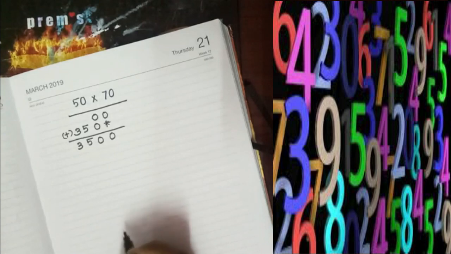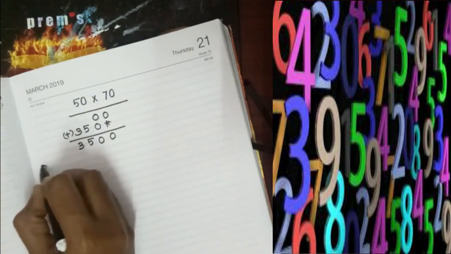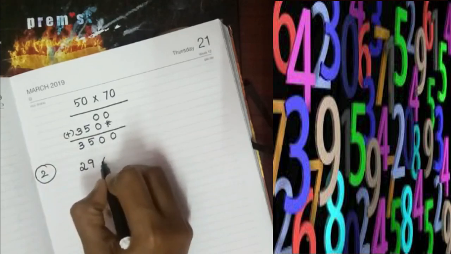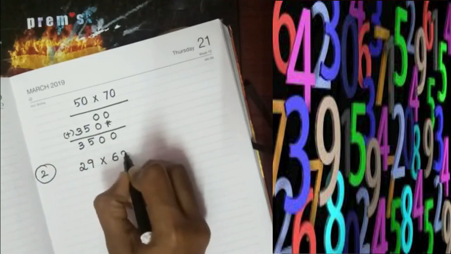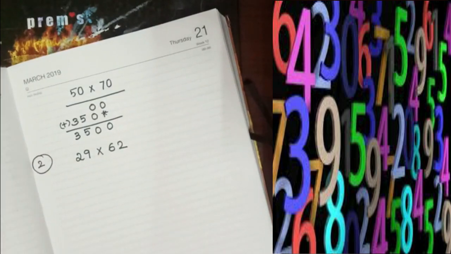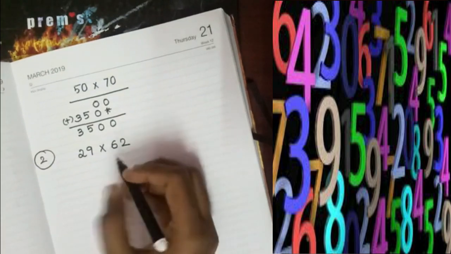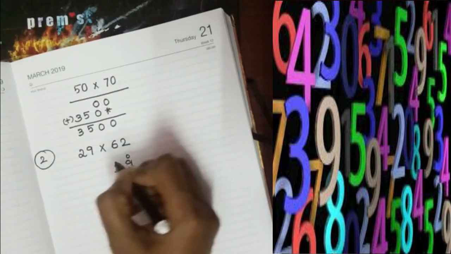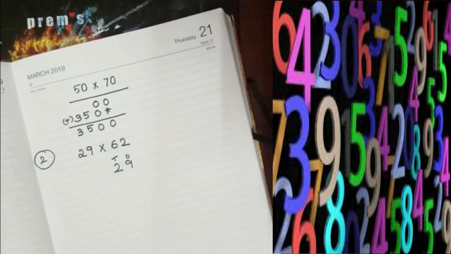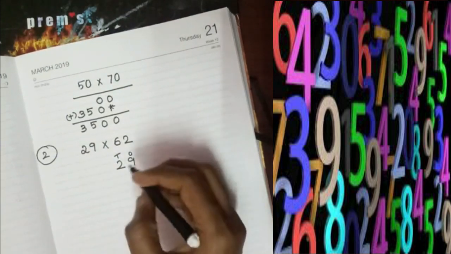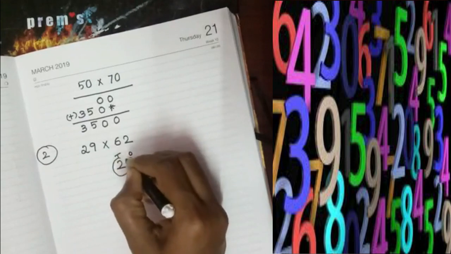Shall we do one more sum in the nearest 10? Yes. 29 into 62. First take 29. This is ones and this is tens. In the tens place you have 2.